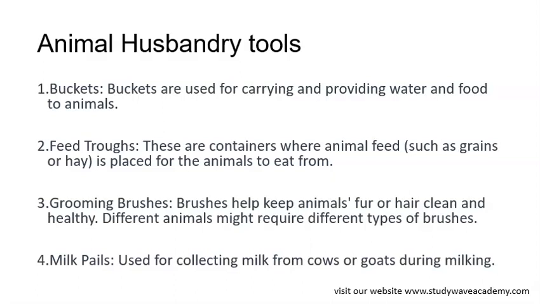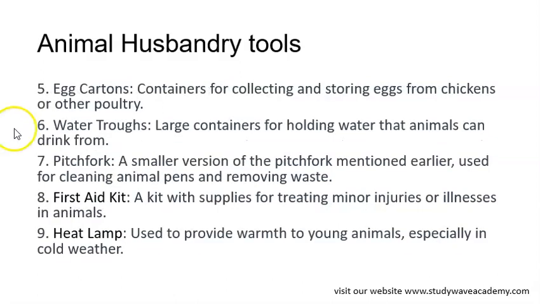So all these we just mentioned are tools for animal husbandry, which means taking care of animals, right? So we use these tools to take care of the animals. And then we also have the egg cartons, containers for collecting and storing eggs from the chicken or other poultry. Then we have the water troughs, large containers for holding water where animals can drink from, right?